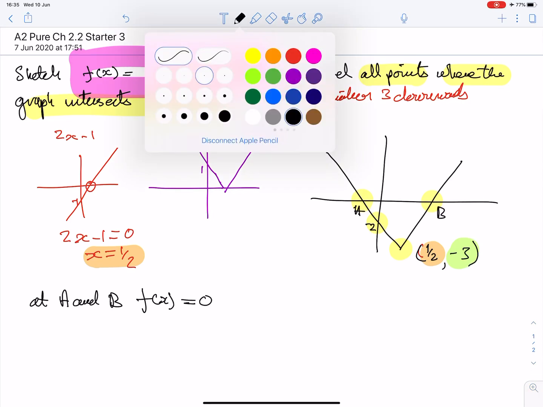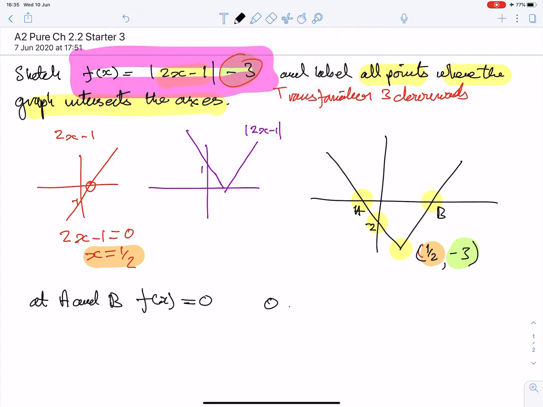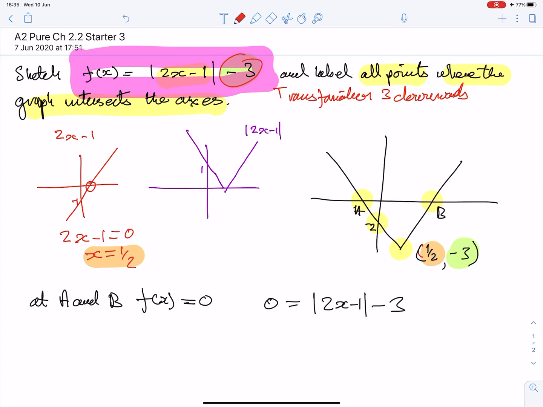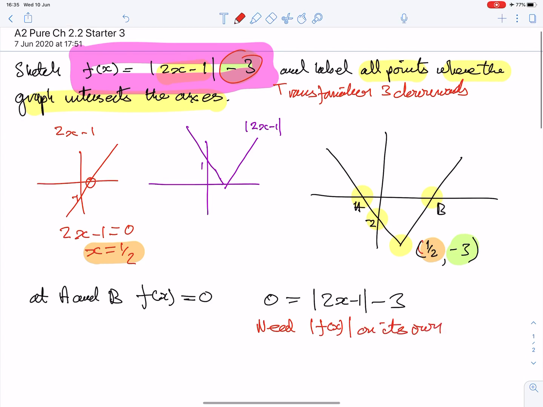So I've now got 0 equals the modulus of 2x minus 1, minus 3. And as often when we're solving these things with modulus signs in, we need the modulus of the function of x on its own. Really helpful.